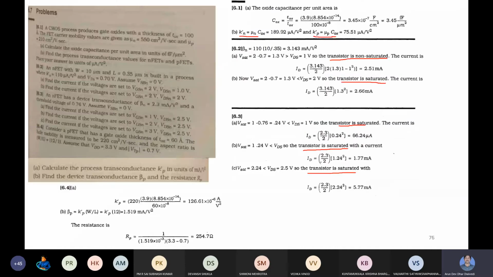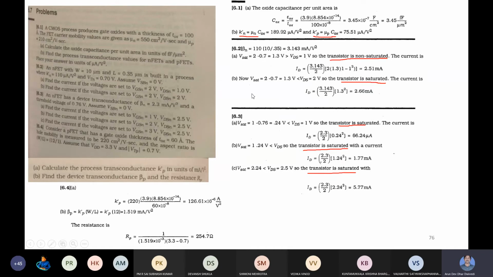And current equations, some current values, like here 6.2 suppose. So W is given, L is given, and process parameter K prime is given, VTN is given, and substrate bias is 0. VGSN and VDSN are given in one case and in the other case.